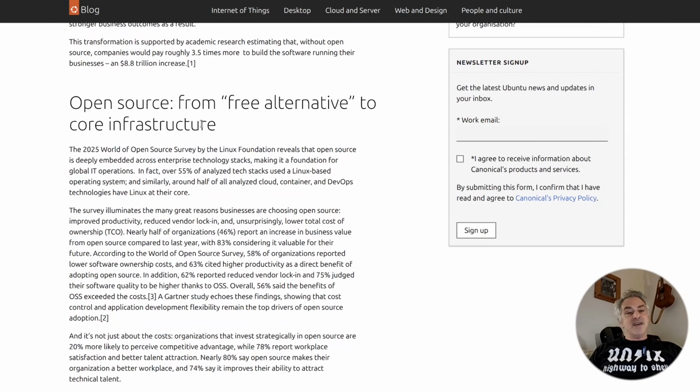And, in a nutshell, what used to be the picture of open source was, it's a free version of something that you could get that's paid. Now they are actually part of our core infrastructure. And if you look at virtually every piece of hardware and software that runs the entire web infrastructure, they are all running open source.